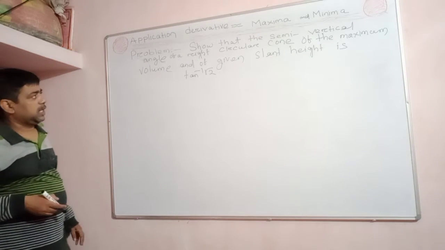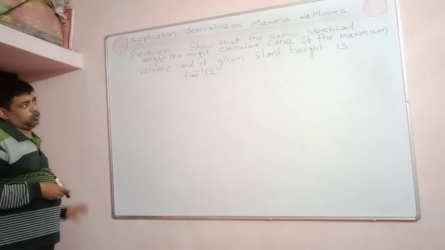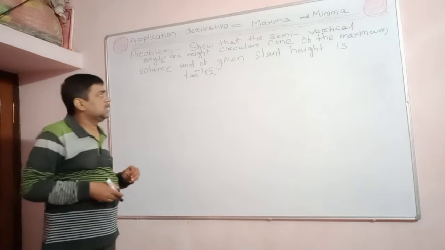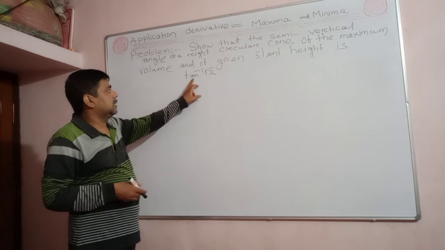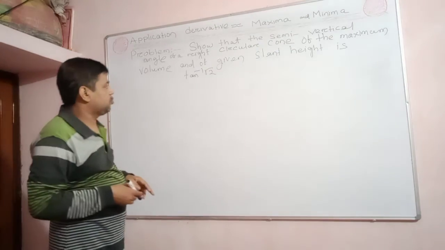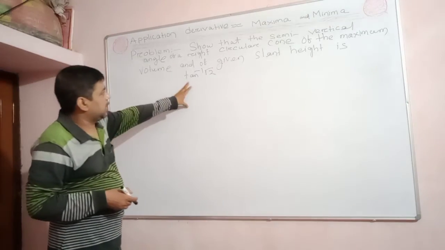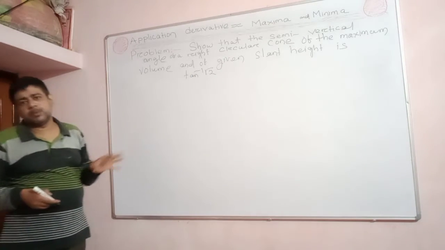The volume of the cone should be maximum for the given slanting height, and at this semi-vertical angle the volume will be maximum. We have to prove that the semi-vertical angle will be tan inverse of root 2. At this angle, the volume of the cone will be maximum.